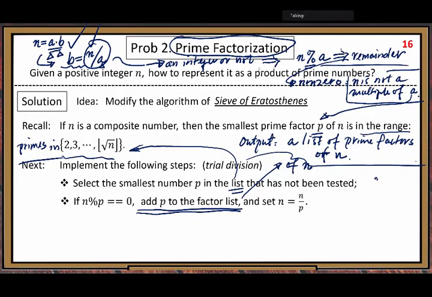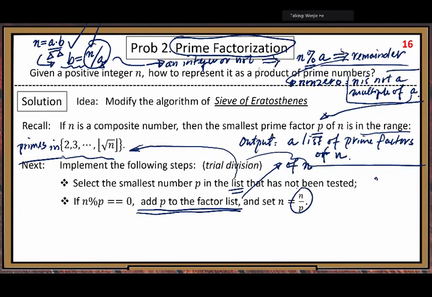And set n equals n over p, the quotient. Because we find a factor, so we take it out. After we take it out, the remaining part, n over p, is the quotient.